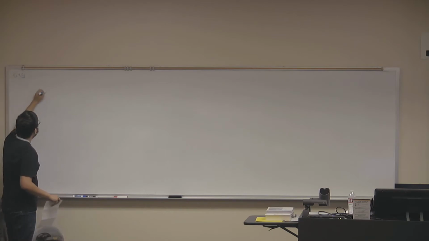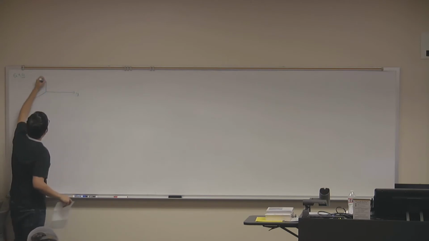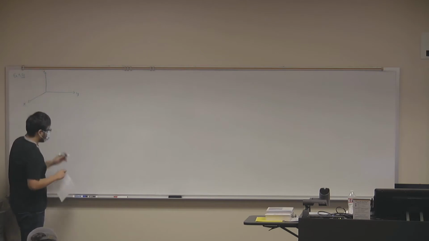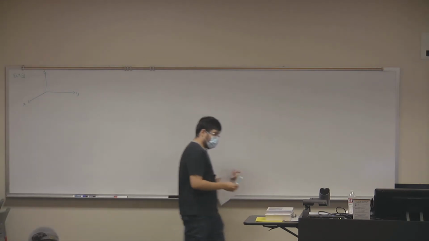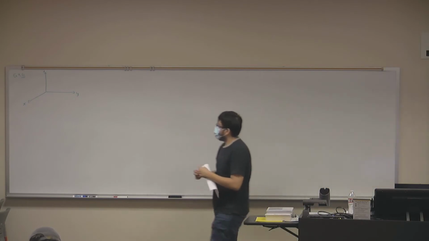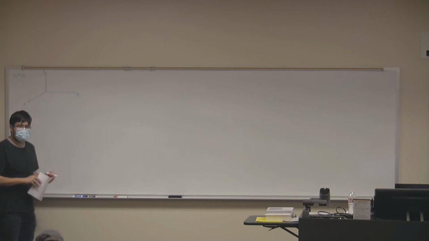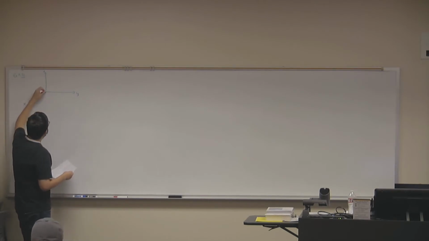But let's say I have my Cartesian coordinate system, x, y, and z. And I would like to draw this shape. What does the book call this shape? A parallel something, right? It's essentially not a cone.